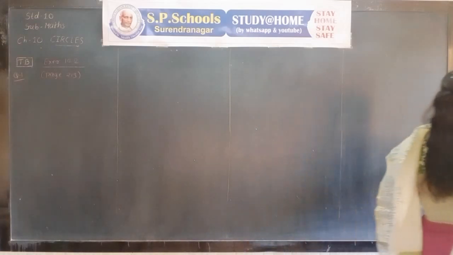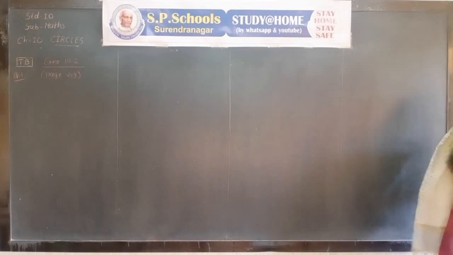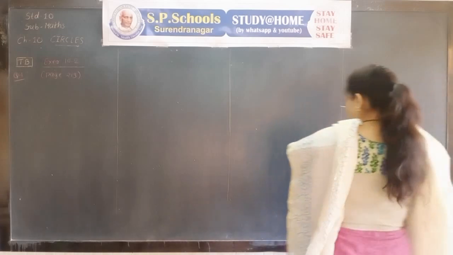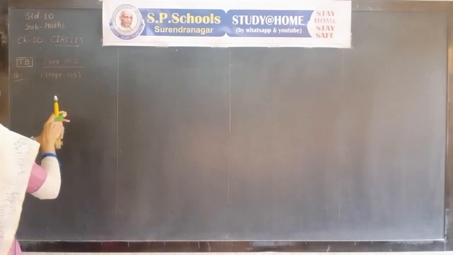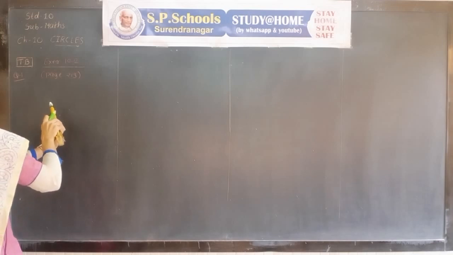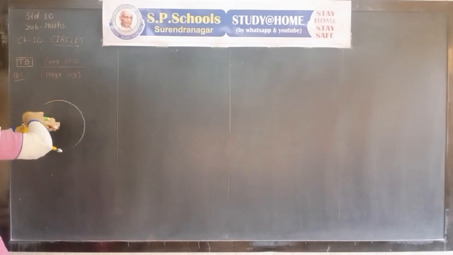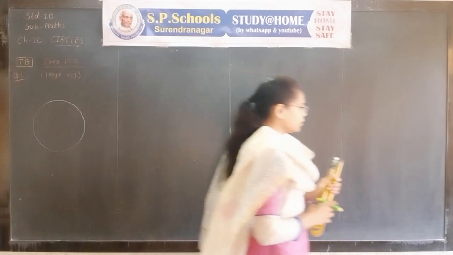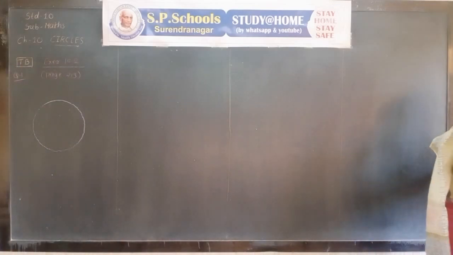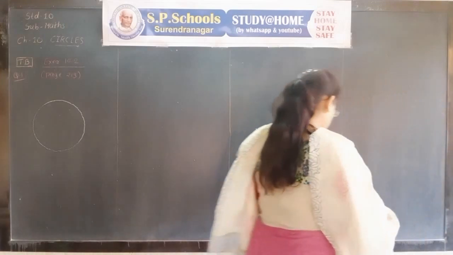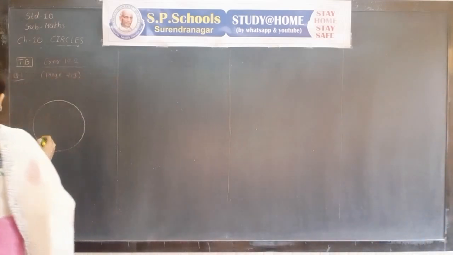First of all, by using the given question, we have to draw one figure. Draw one circle. From a point Q, the length of tangent to a circle is 24 centimeter.